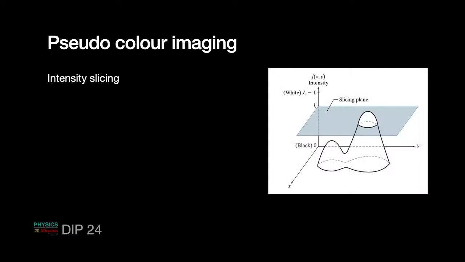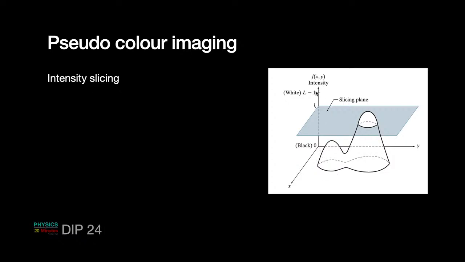Suppose I have my X and Y image plane, XY is my image plane. Some object is depicted in the image plane, which has an intensity graph plotted along the z-axis. My intensity, which is nothing but f of x,y, is plotted along the z-axis. The darkest spot in the image is 0.